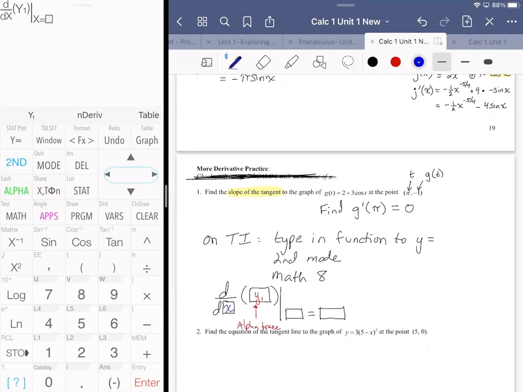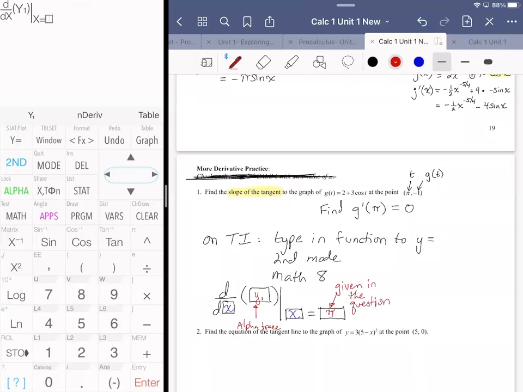Type in x in the d open field there. It'll automatically change the other open field into an x, so these both will change into x's. If you change one, it changes the other. And then whatever value you're evaluating at, that goes in the last one, as given in the problem or the question.